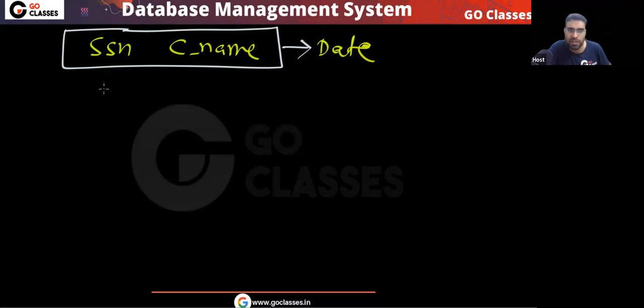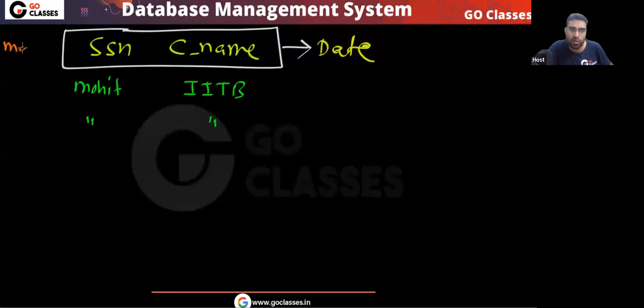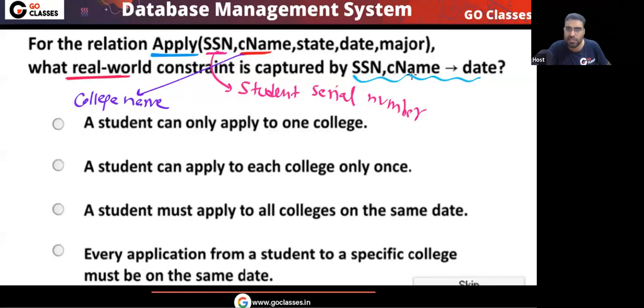For example, let me take Mohit. Let's assume Mohit is applying for IIT Bombay. Okay, college name is IIT Bombay. Now, in IIT Bombay, you can apply for multiple courses. Yes or no? Agree with me? For example, the measure that is given to you.